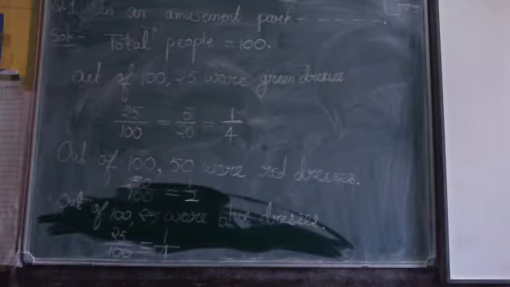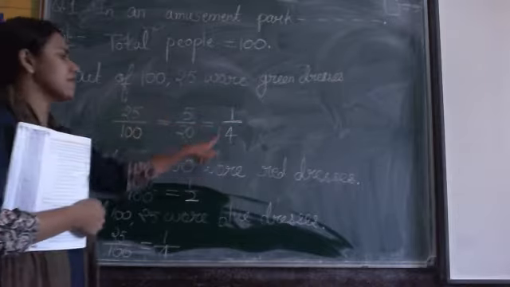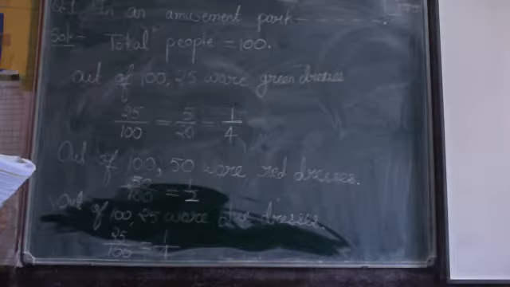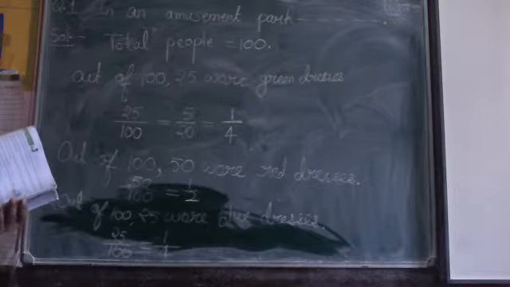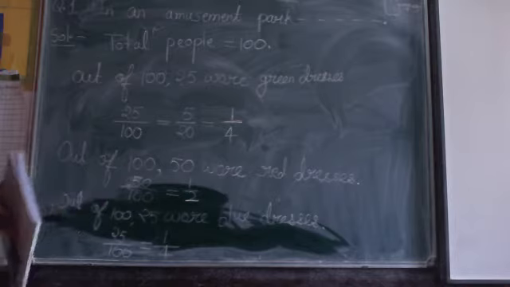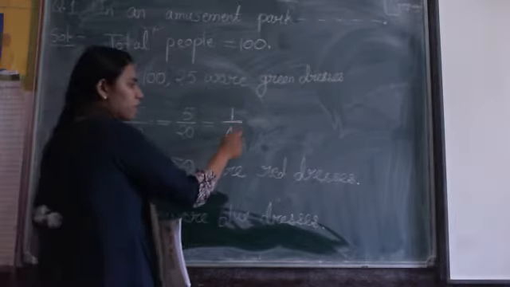Now we will draw the pie chart, or circle chart, and represent this data on it. Here 1 by 4 means what?